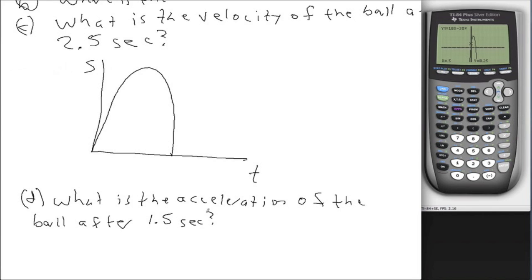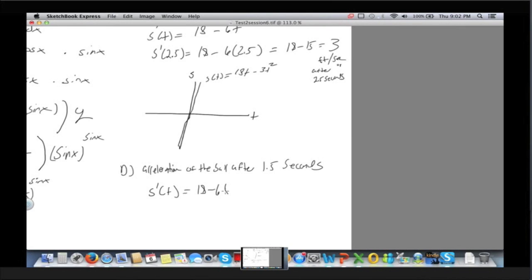Acceleration of the ball. Okay, so acceleration is the second derivative. So just going to rewrite s prime of t equals 18 minus 6t. And the second derivative is negative 6.